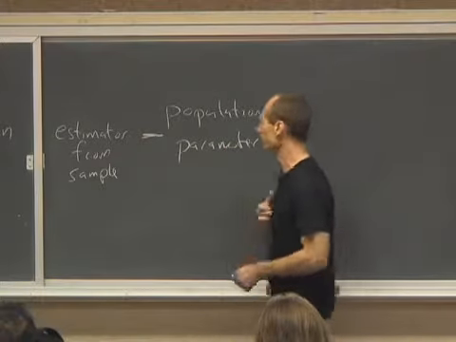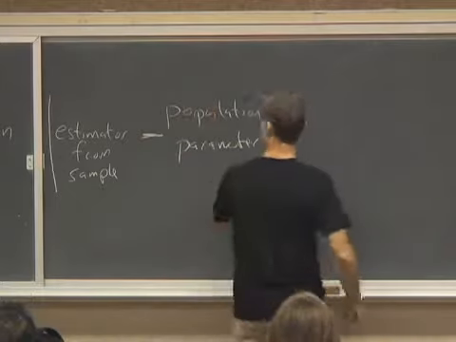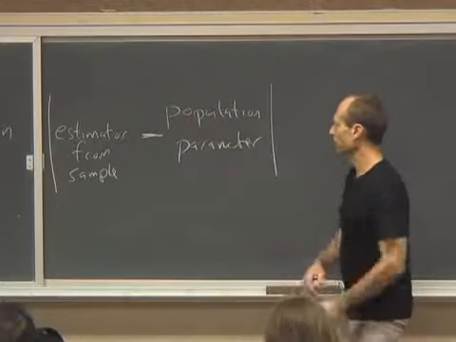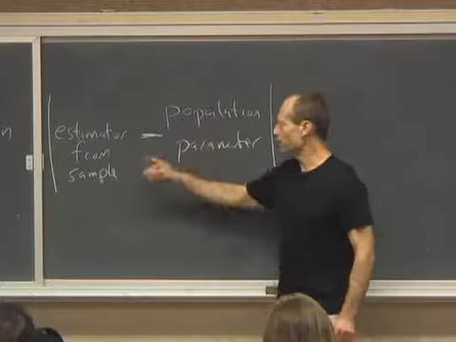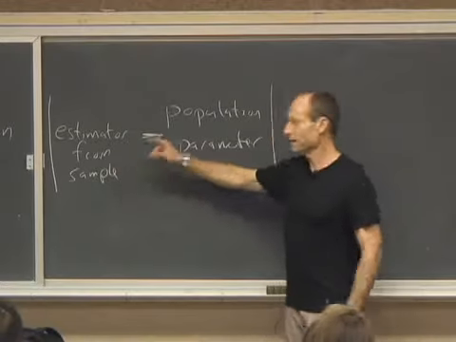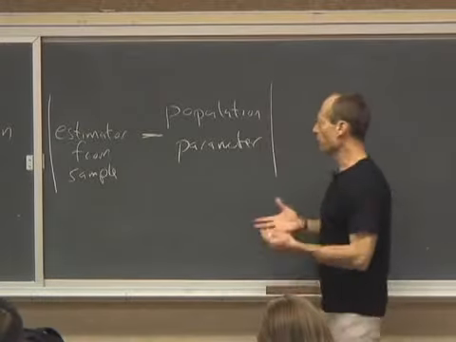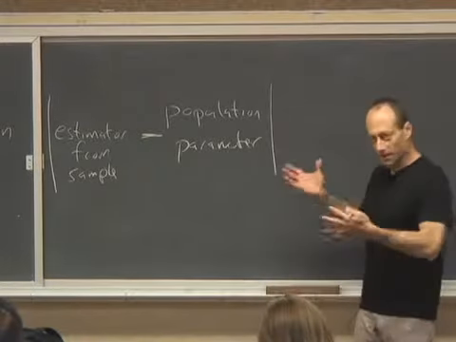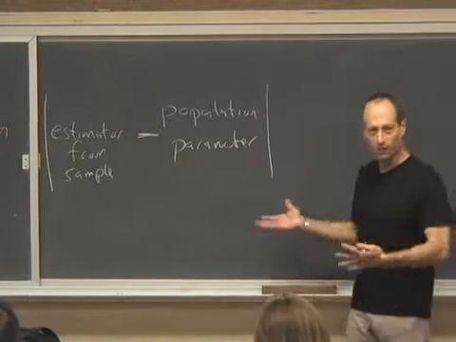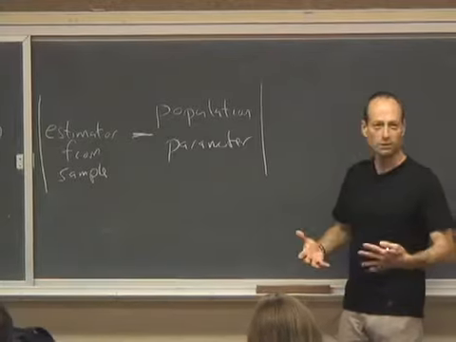In particular, we might be interested in this difference. That difference is a random variable, because the estimator is random, and the estimator minus a constant is random. We want to know: is that error big? Is that error small? Does it tend to be big? Does it tend to be small?